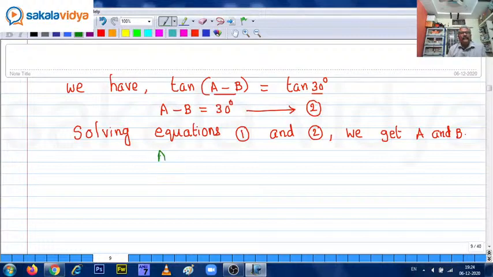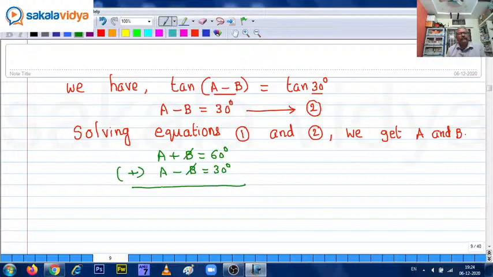See, a plus b equals 60 degrees, a minus b equals 30 degrees. First adding, plus b minus b gets cancelled. A plus a is 2a, 60 plus 30 is 90. So a equals 90 degrees upon 2. That will be 45.